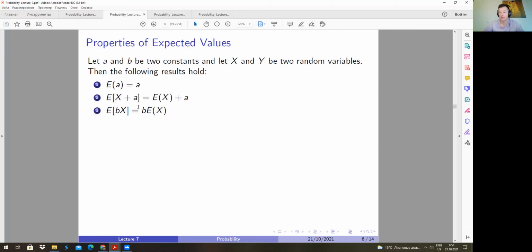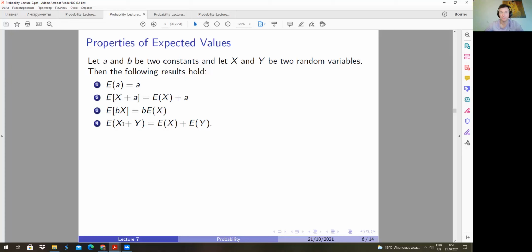So when I multiply a random variable by some constant b, and I calculate the expectation of that, that's just this constant multiplied by the expectation. And property number 4, the expectation of a sum of two random variables, x and y, is the sum of these expectations. Sum of expectation x and expectation y.